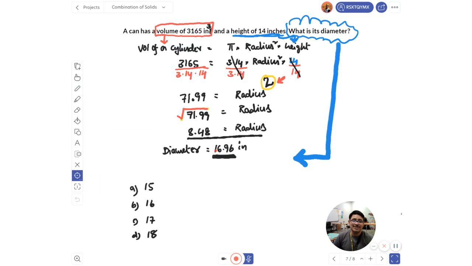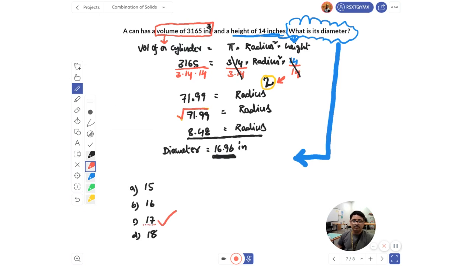In such case, you take the nearest value, which is 17. Don't think that the answer you got is not correct. You may have to take that at times, because the answer is rounded.